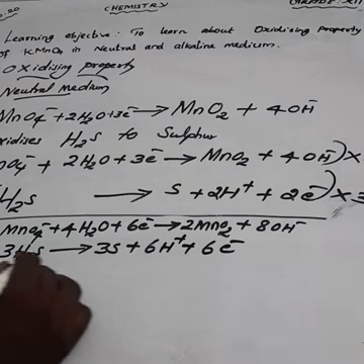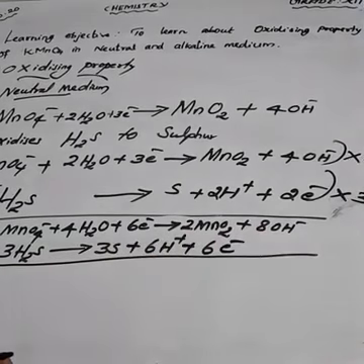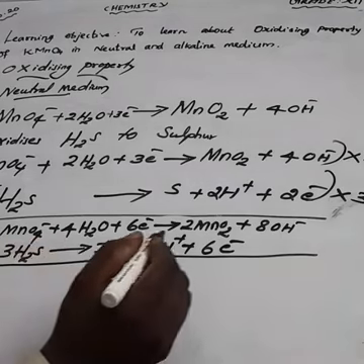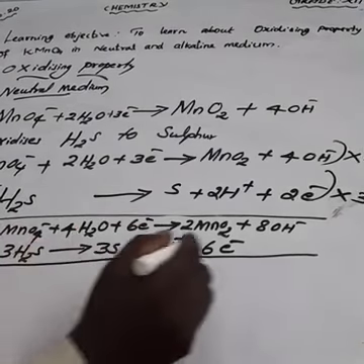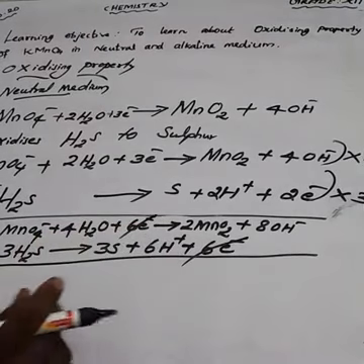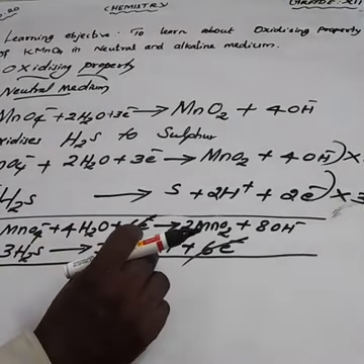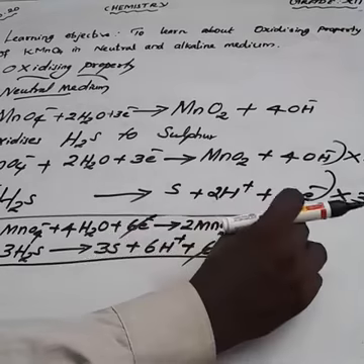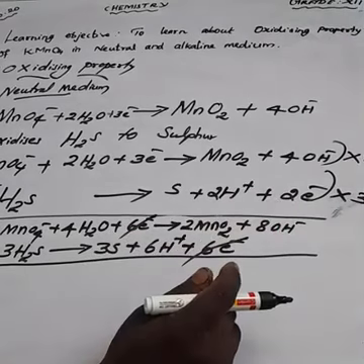Then we can cancel. Which are cancelled? The 6 electrons can be cancelled, and also the 6 H plus and 8 OH minus ions.